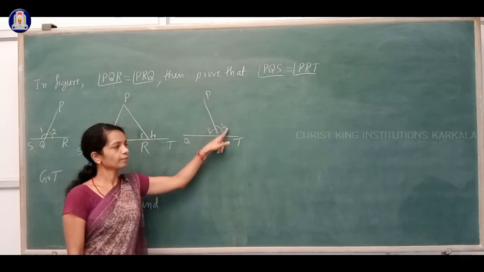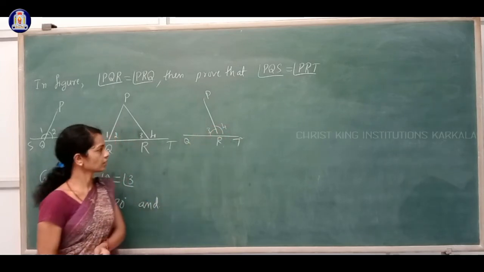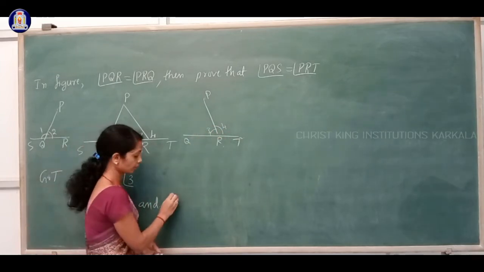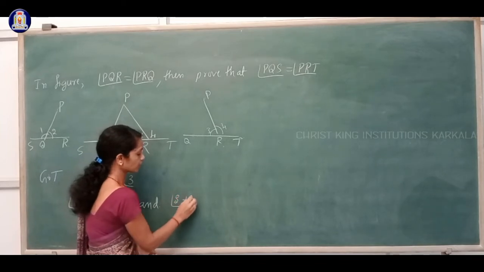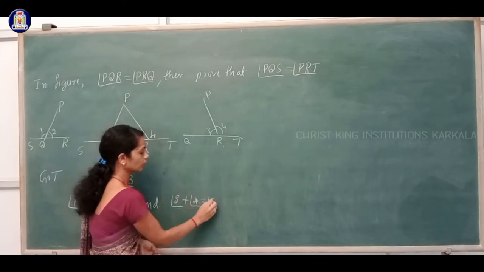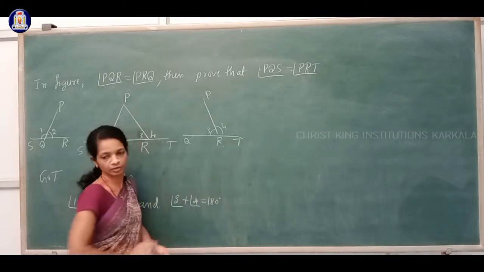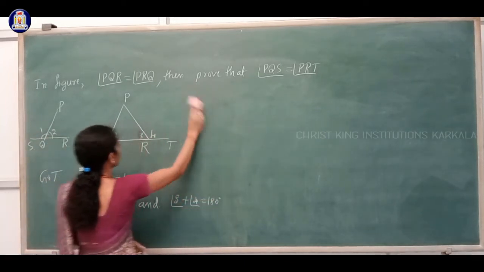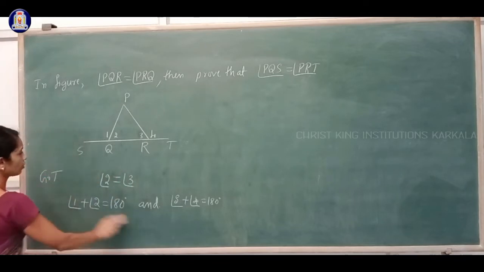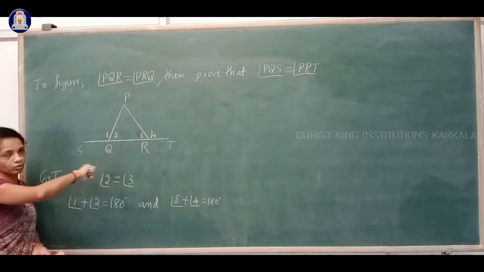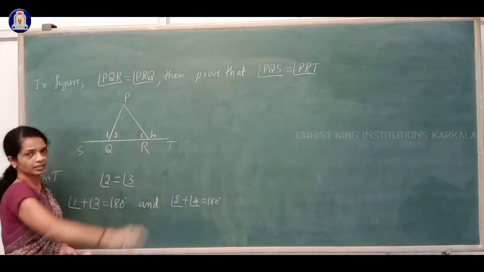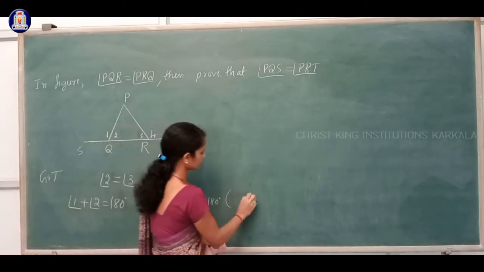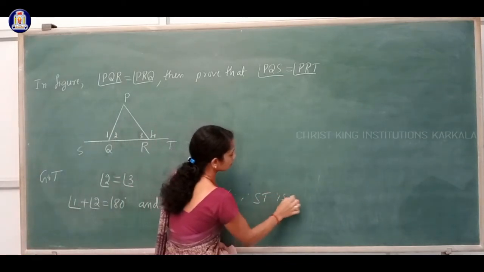So what can you write? Angle 3 plus angle 4 is equal to 180 degrees. That is by observing the figure, because ST is a straight line.